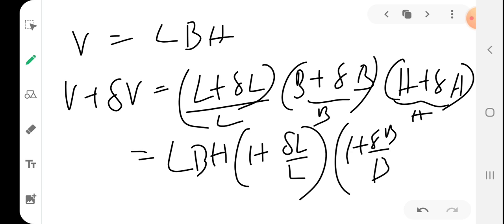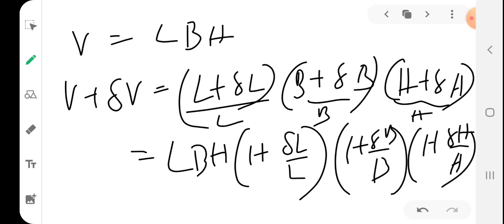So LBH is common, and what is this? This is V itself.